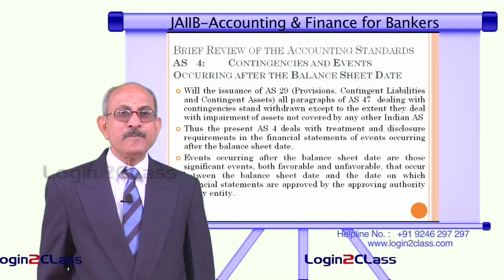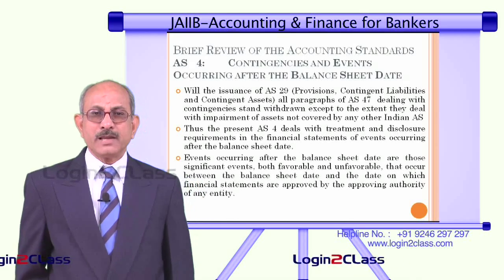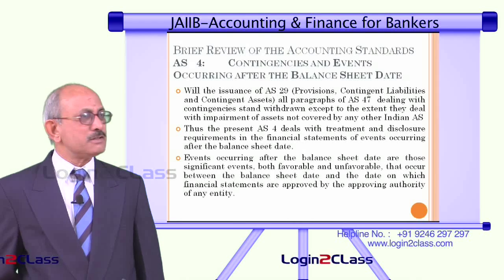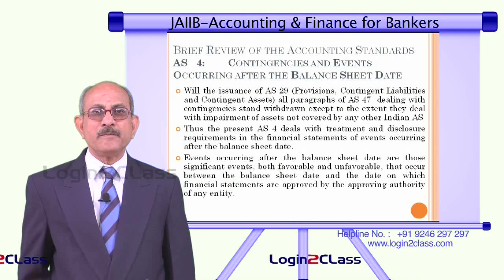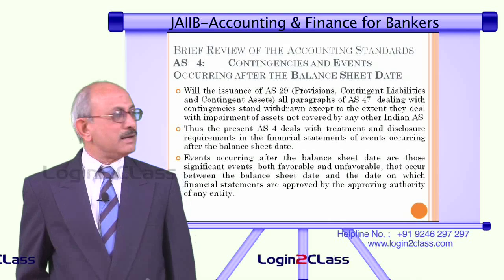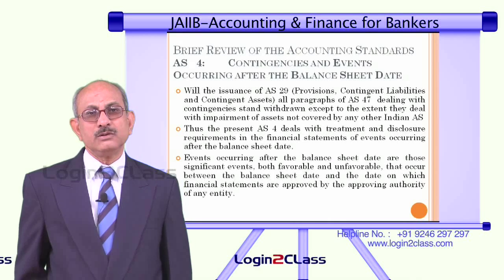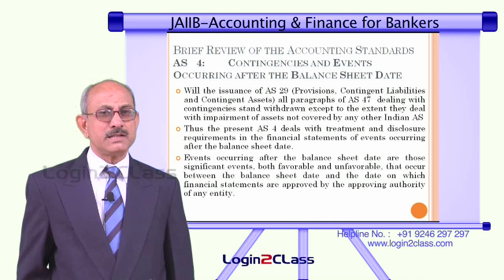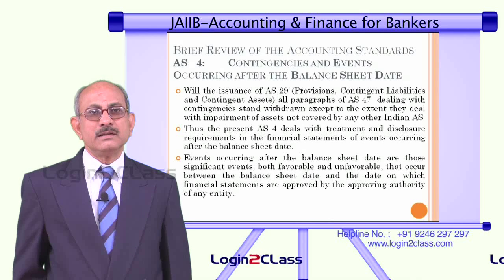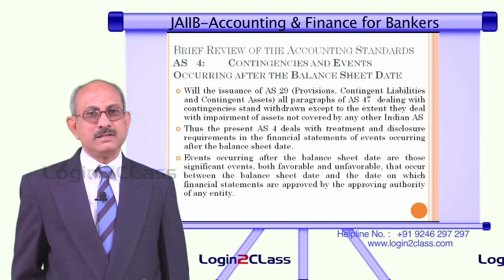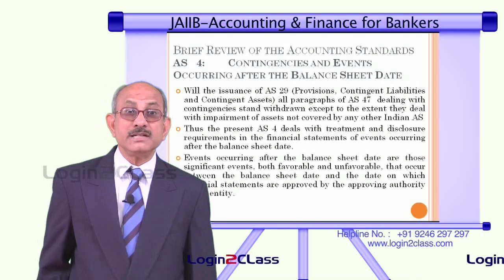For example, let us say a company has closed its balance sheet as on 31st March 2011, and the balance sheet is actually accepted, let us say, in the month of May. In between, there could be a fire which has destroyed the entire assets of the entity.